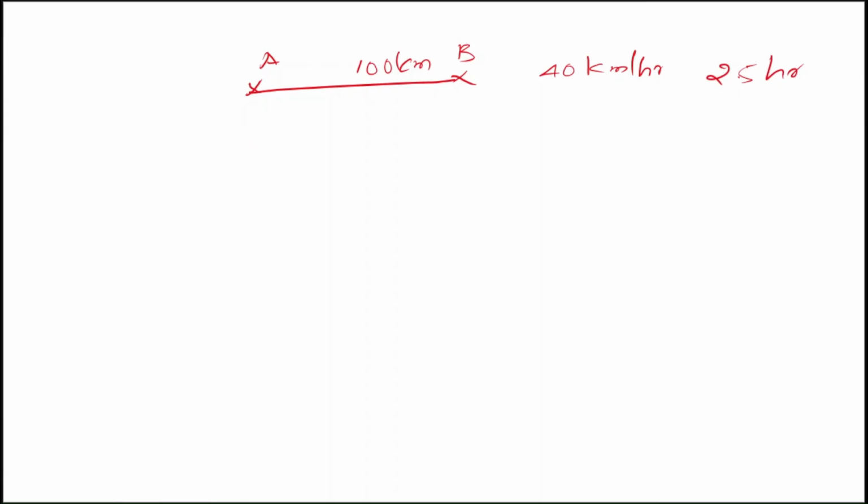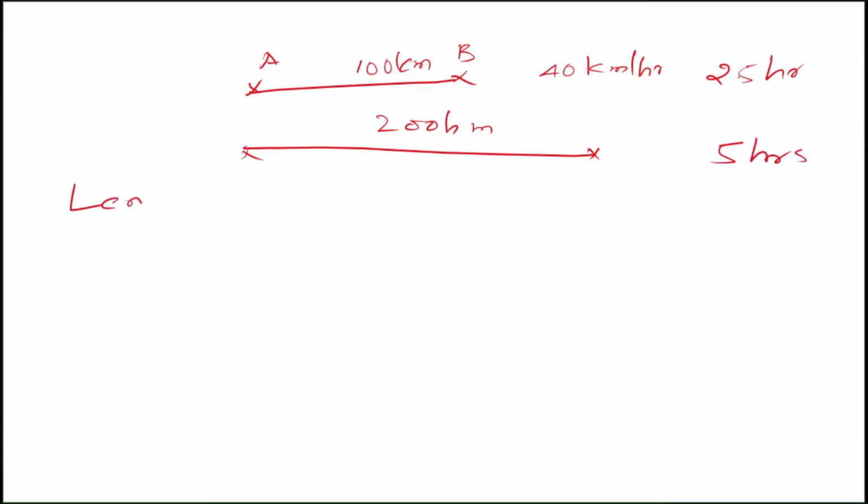If the distance from A to B is 200 kilometers, then what will happen? You have to travel this distance in 5 hours. The first concept here: if length is increasing, then resistance increases and vice versa.